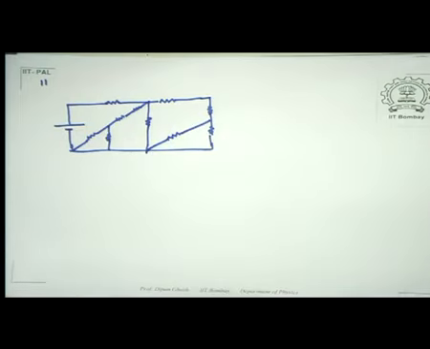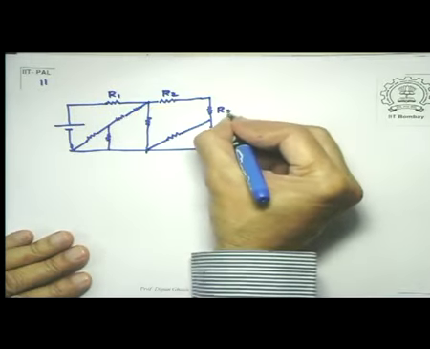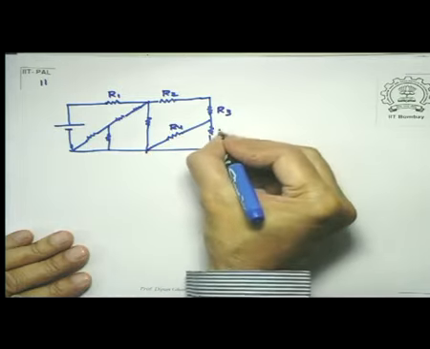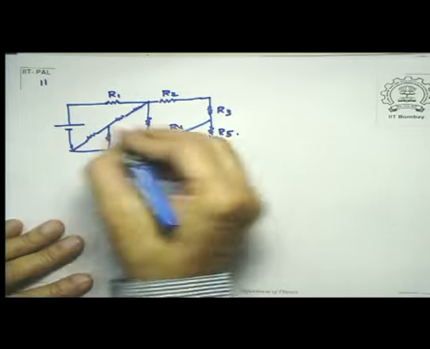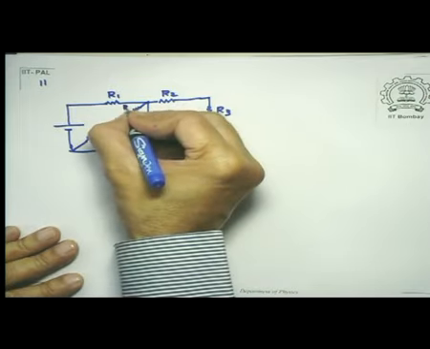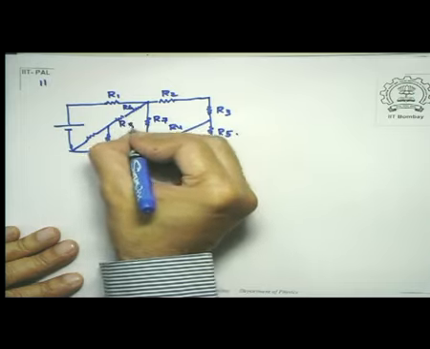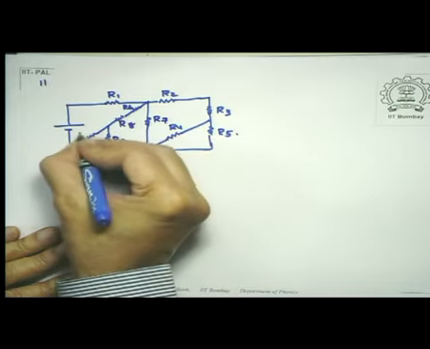Look at there are too many of them. Well, let us number them. This is R1, this is R2, this is R3, this is R4, this is R5. Let us call this R6, R7, R8, R9 and R10.